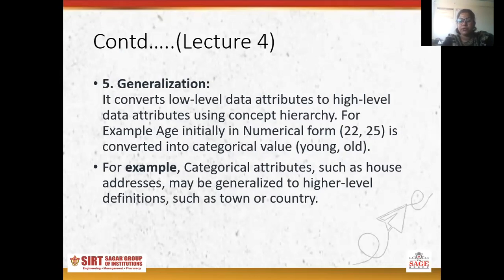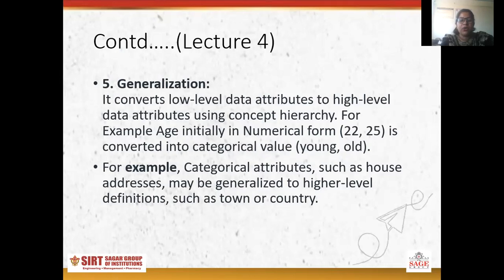Here, as the term says, generalization, we are converting low-level data attributes to high-level data attributes using a concept hierarchy. Like we have the numerical value of 25, we have taken it as the categories of young and old.